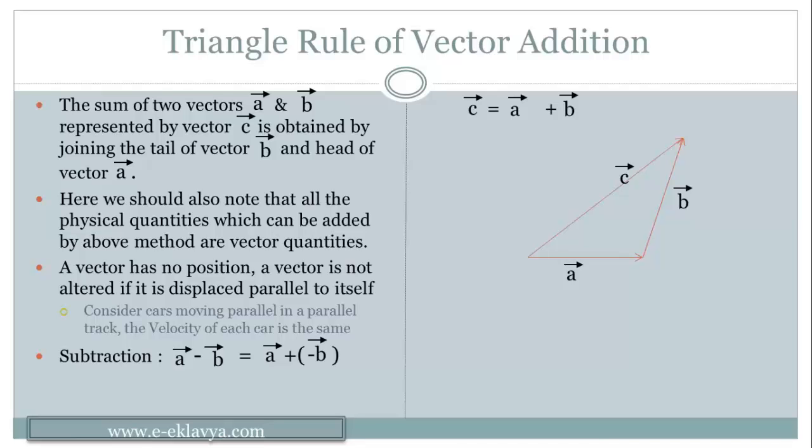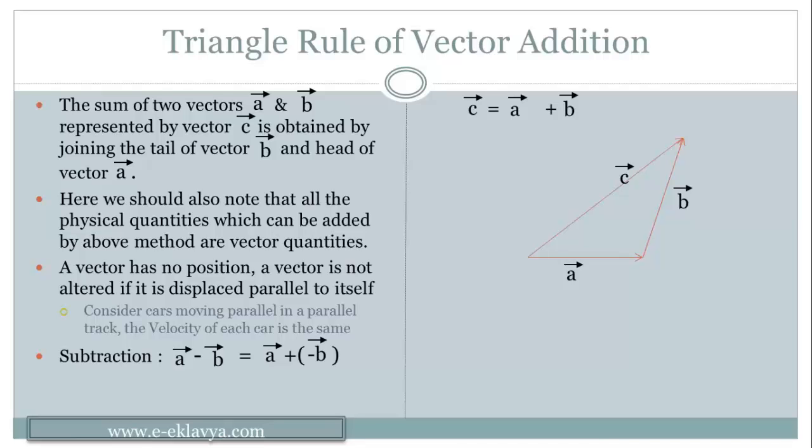If you have seen in our earlier example, we represent vectors geometrically, and that gives us easy visualization. The triangle rule of vector addition is basically a rule which defines how two vectors can be added and what the resultant would be.